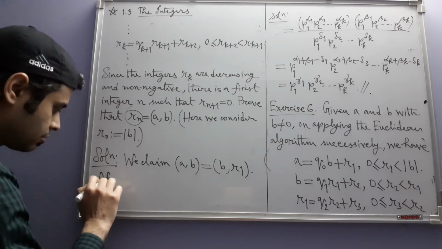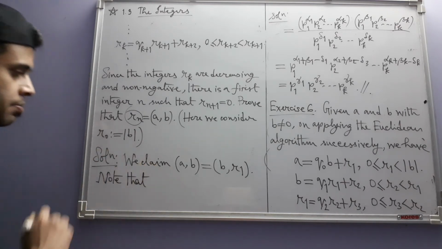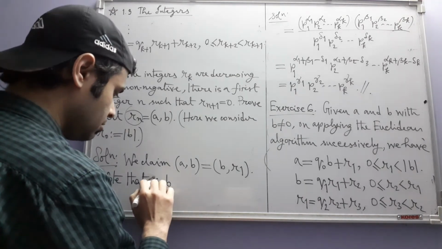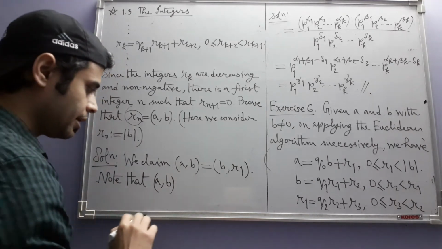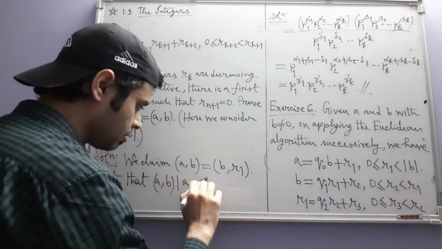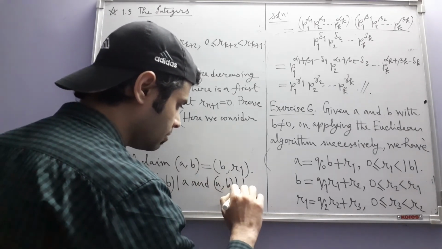Note that the GCD of A and B by definition divides A, and at the same time it divides B because it's a common divisor.